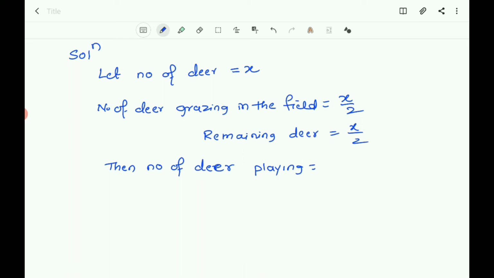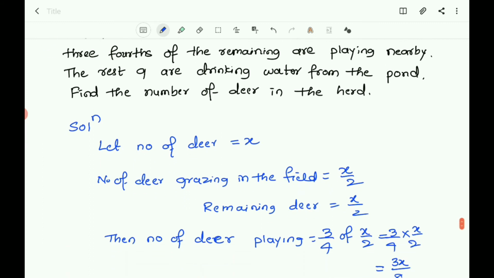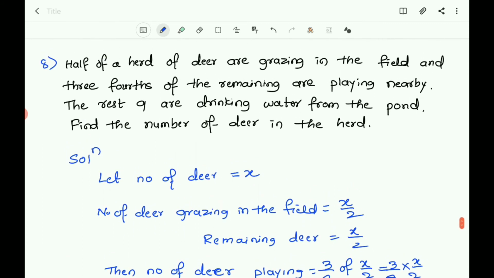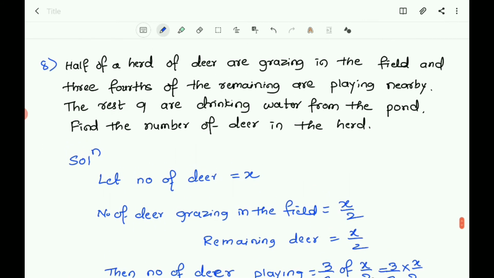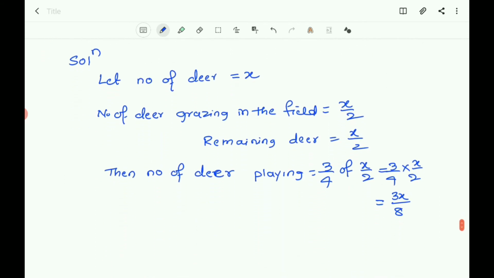The remaining is x by 2, so it is 3/4 of x by 2, that is 3/4 into x by 2, which becomes 3x by 8. They said 3/4 of the remaining are playing, that you got as 3x by 8, and the rest 9 are drinking water from the pond. So the rest are 9 here.